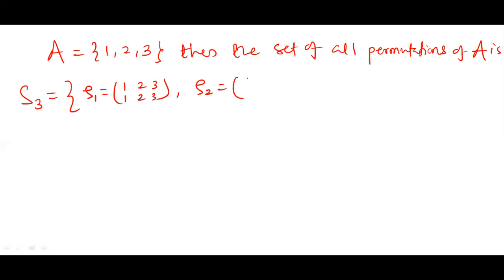Rho 2 is equal to a permutation in which 1 maps to 2, 2 maps to 3, 3 maps to 1.